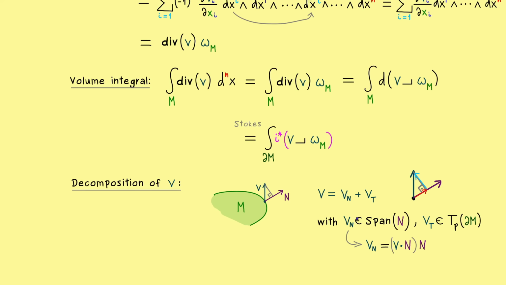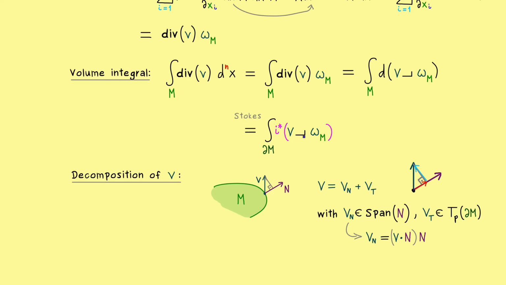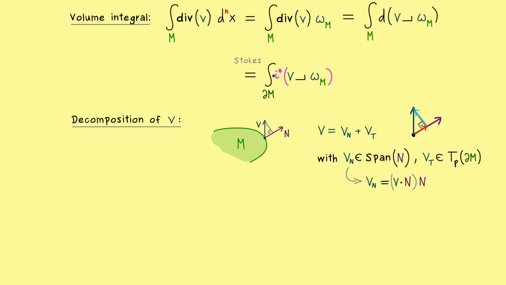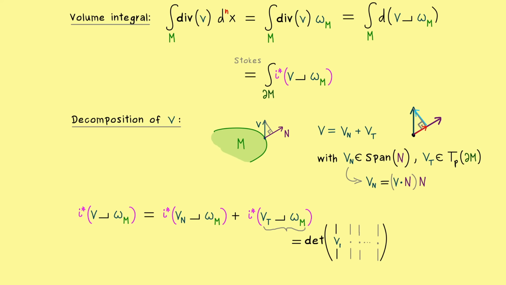And now let's use this decomposition to calculate the n-1 form we want to integrate. And indeed, because of the linearity of the operations, we have the splitting there as well. So in the first part we have Vn, and in the second part Vt. But obviously here inside we can use the same calculation as before, which means what we get is just the determinant. And there in the first column, as we know, we find our Vt.